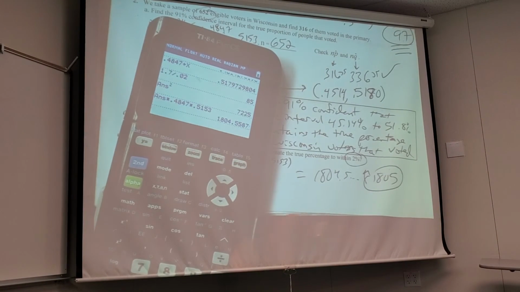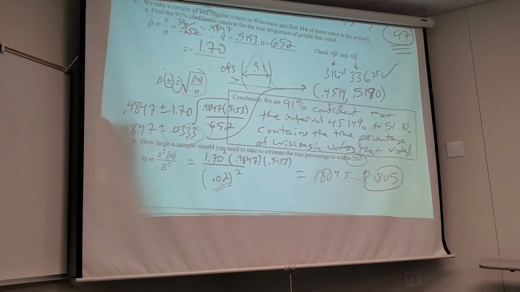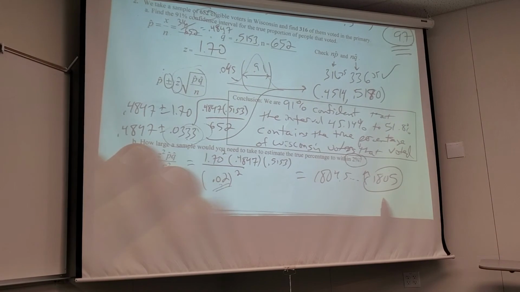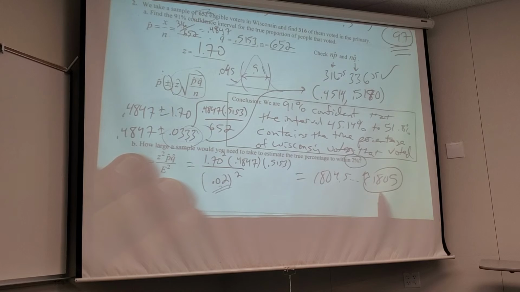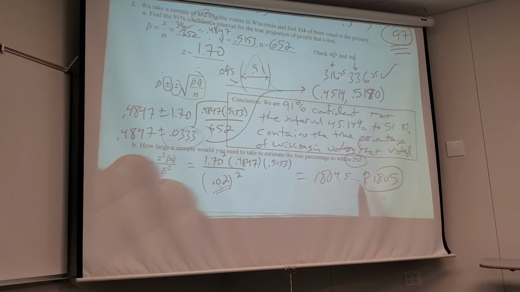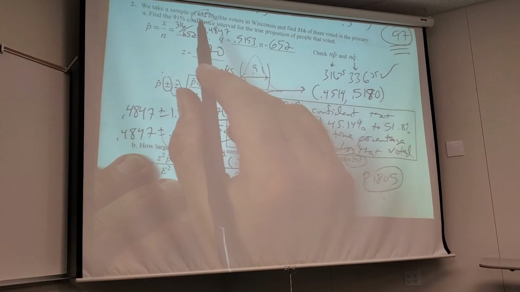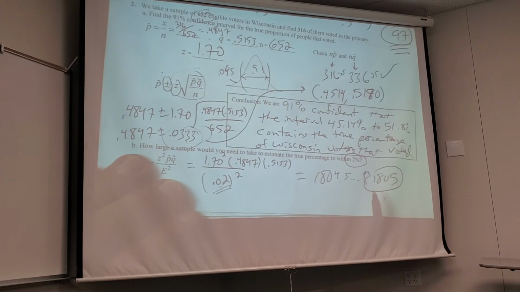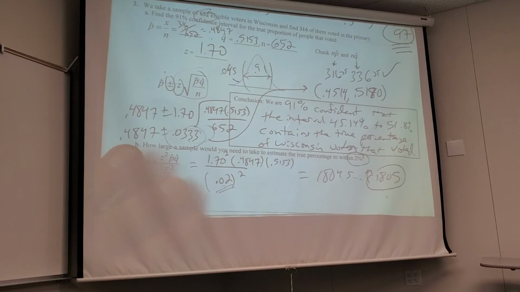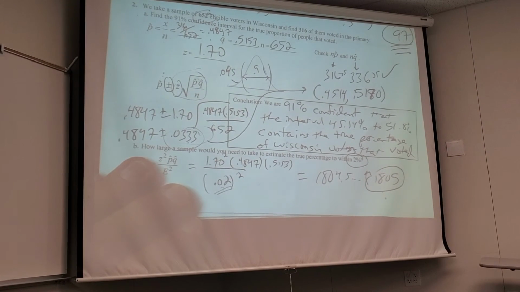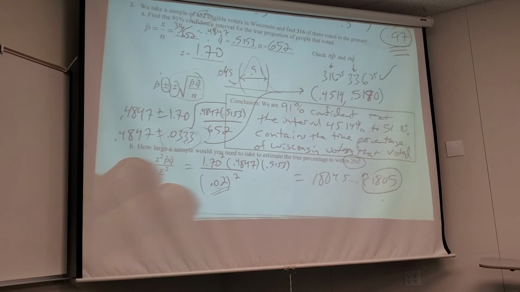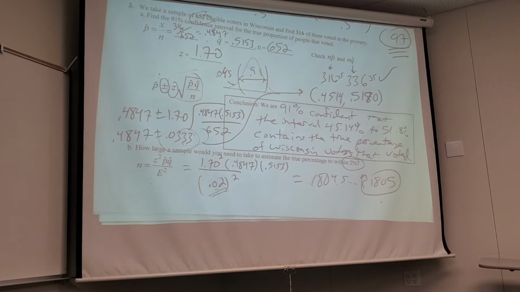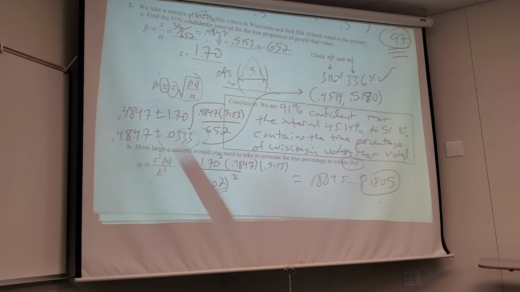I need 1,805. So let me ask you this. How many more people do I need? That's how many people I need total. I already talked to how many people? 600. So I need just under 1,200 more people, right? So maybe that's feasible. We already talked to 600. Maybe we can talk to another 1,200 something. Maybe that's feasible.